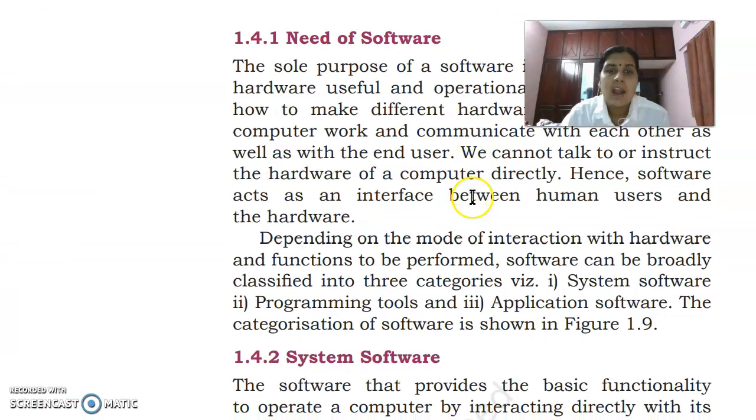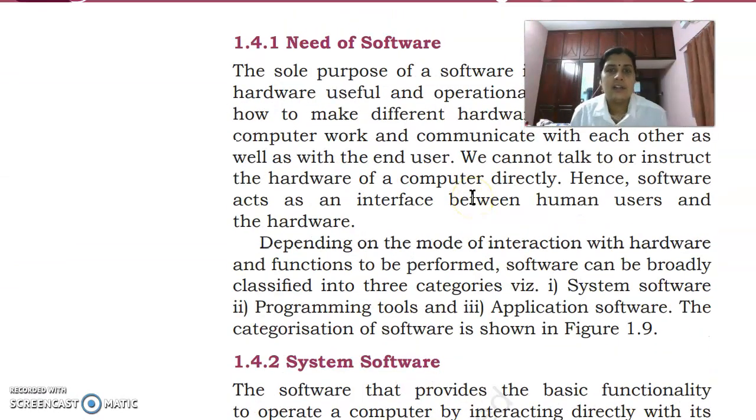So why do we need software? That is our question. The software acts as an intermediate between user and hardware. User means we, and hardware means our computer. So by using software only, one person can communicate with the computer.